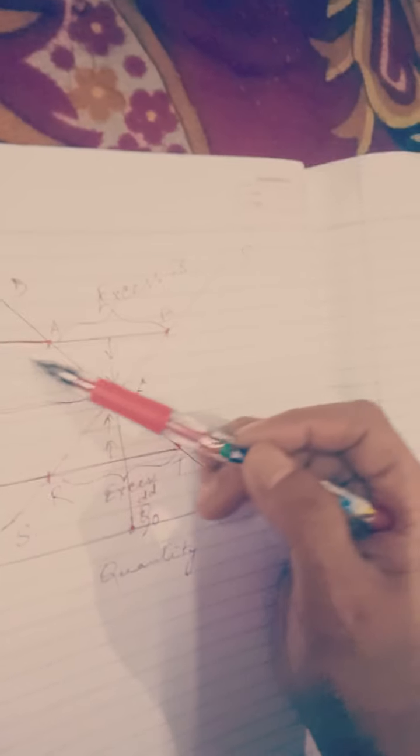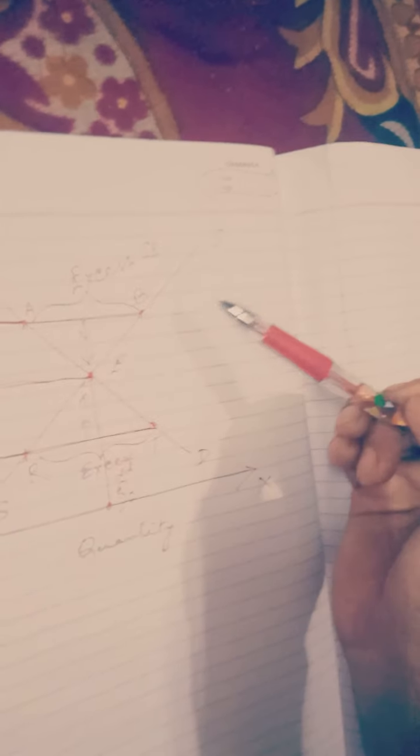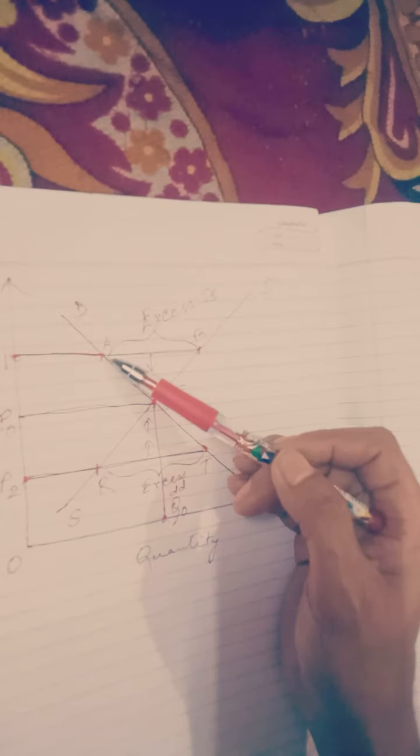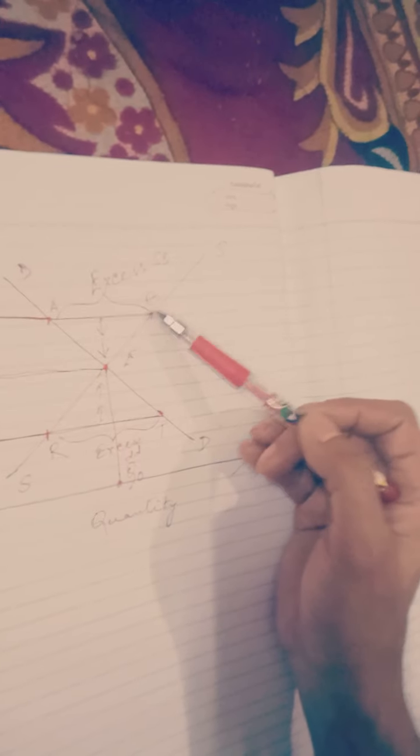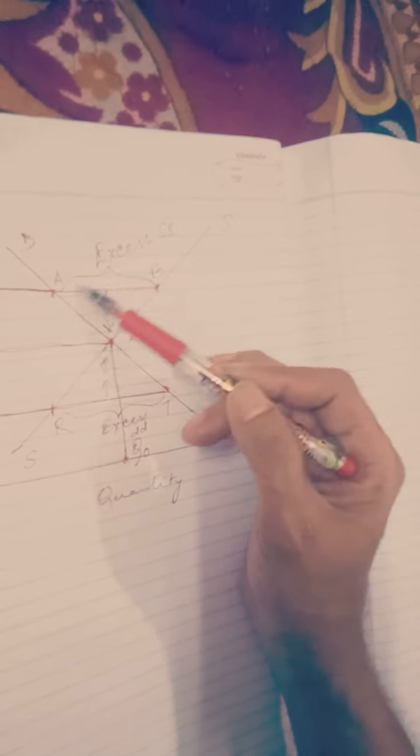And quantity supplied is P1B. It's very easily revealed here in the diagram that quantity demanded is less, quantity supplied is more. Quantity supplied is more than quantity demanded. By how much? By this portion AB. And this is known as excess supply.